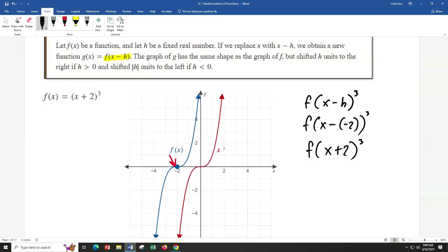Okay, and so that tells me, hey, this still looks like my base function, but what do we do to it? We moved it to the left. We just took it and moved it. Good? You okay with that? Sorta? Practice it probably. It'll be one of the more confusing ones.